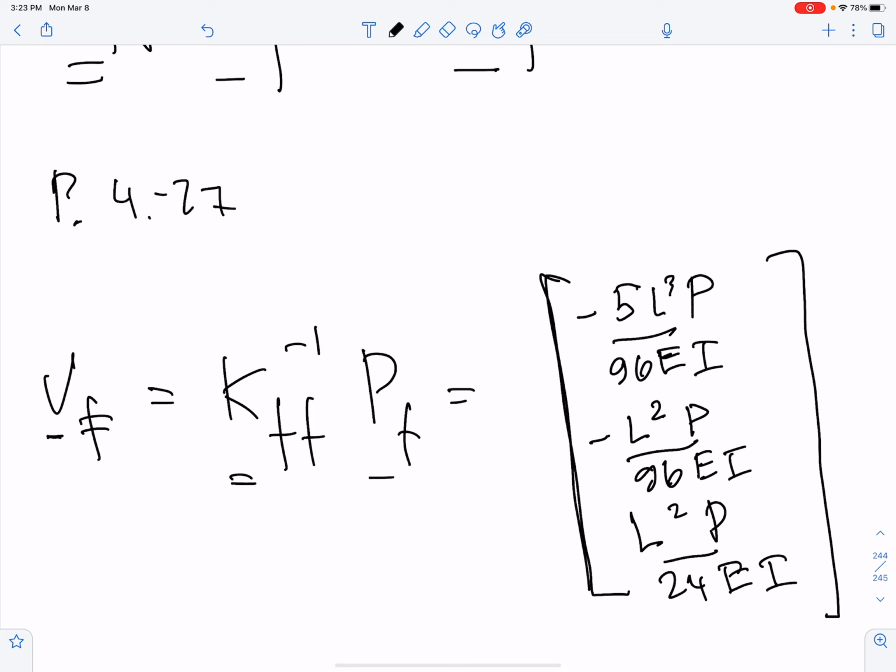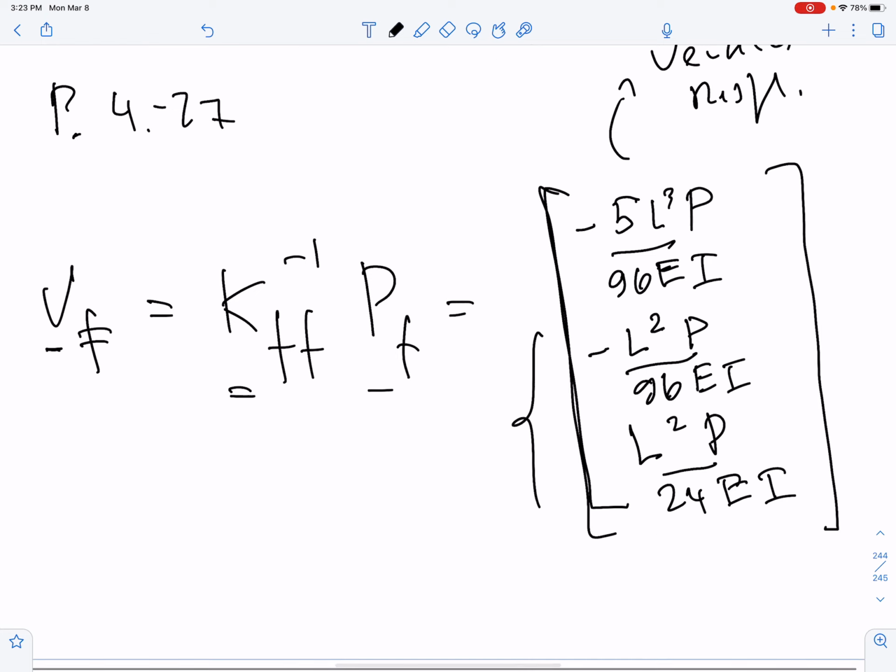So this becomes our vertical displacement, and these two are the rotations, based on the labeling of the degrees of freedom.